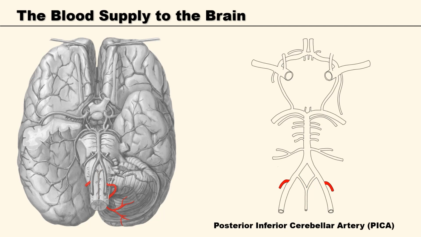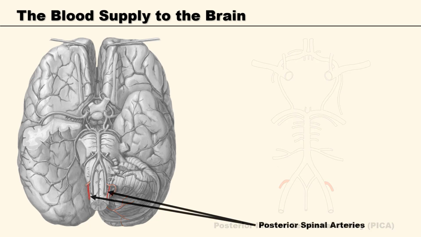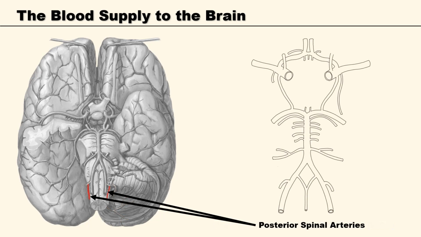Here we can see one of these arteries on the back underside of the cerebellum supplying the cells there. The PICA branch off and form the posterior spinal arteries, which is not seen on our schematic diagram, but can be seen on the brain here and here. These are travelling posteriorly or dorsally down the spine.